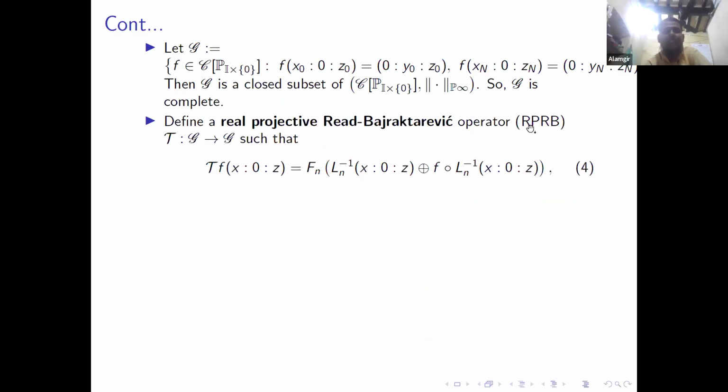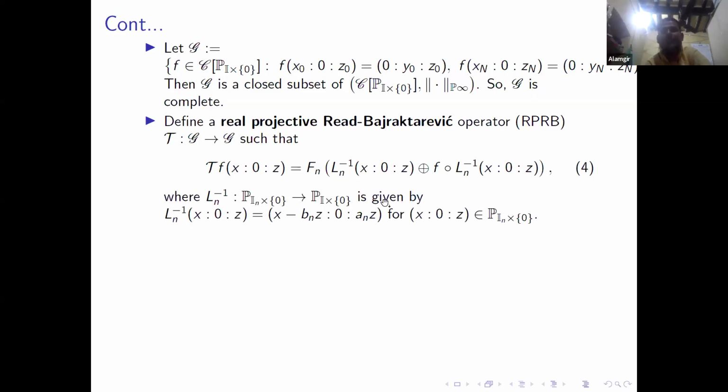And we define the real positive Read-Bajraktarević operator. The notation is RPRB, which is defined like this: F_n composed with L_n inverse of this, plus F_n composed with L_n inverse of this, where L_n inverse is given like this.